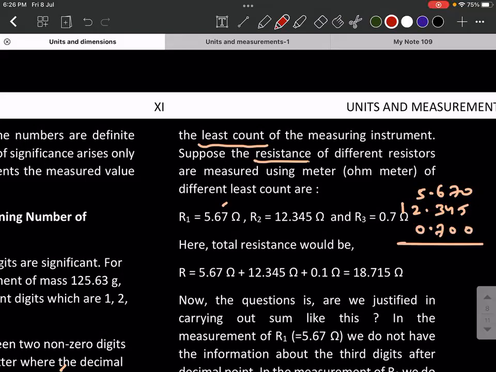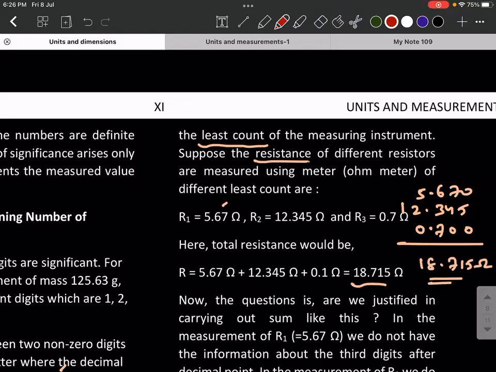If you observe, the person who reported 0.7 to me didn't say the 00 about it. Means he has taken a measurement only till 1 decimal value. I'm adding those 2 zeros, so those 2 zeros are not significant. I don't know what they are. I'm just adding them for the sake of mathematical purpose. When I do this, the answer comes out to be 18.715 ohm.